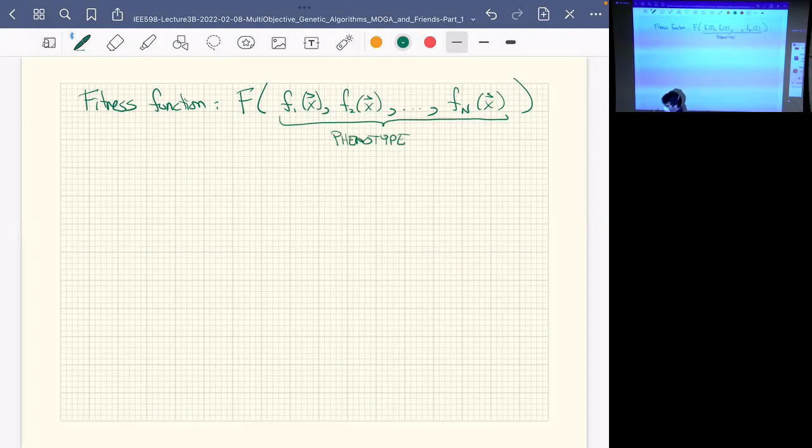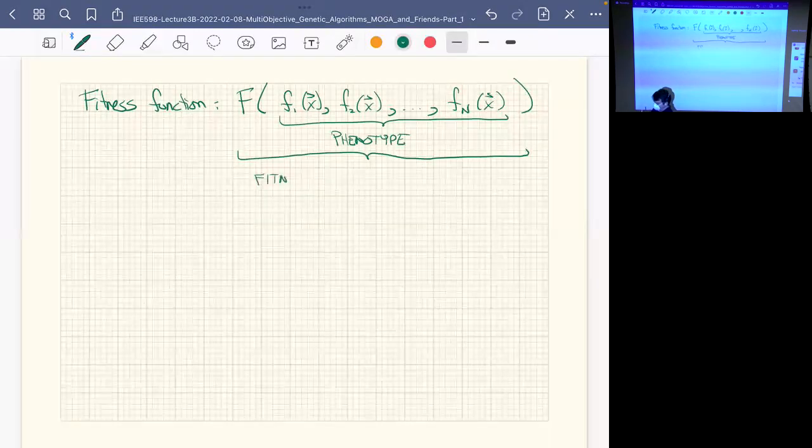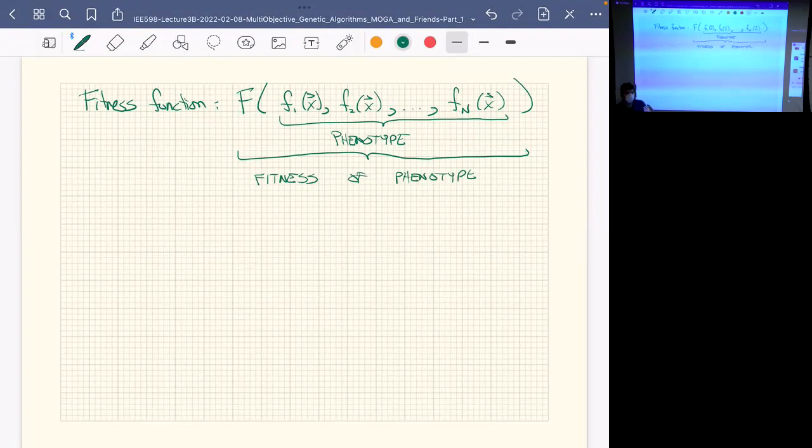The F then is the fitness of that phenotype. And so if we have a way to take all of those optimization objectives, combine them together in like a scalarization and create a fitness function F, then we could use a standard genetic algorithm to solve for that particular outcome.